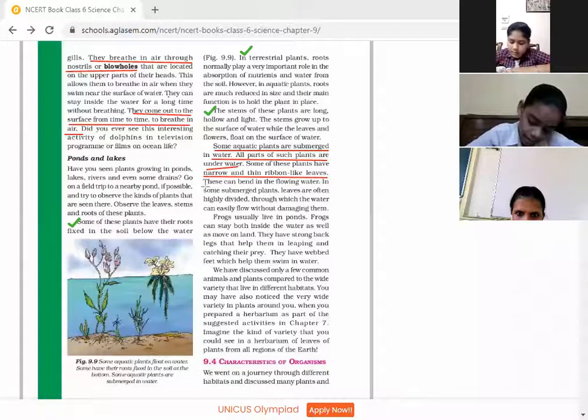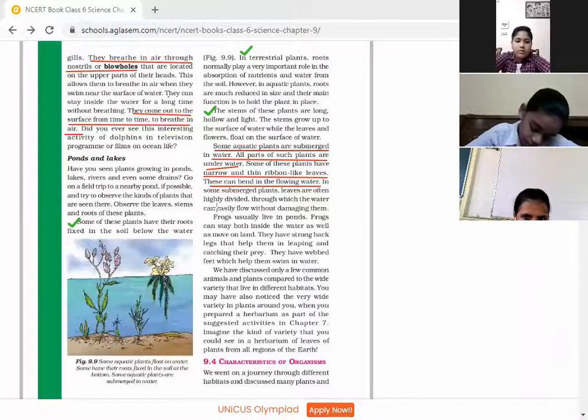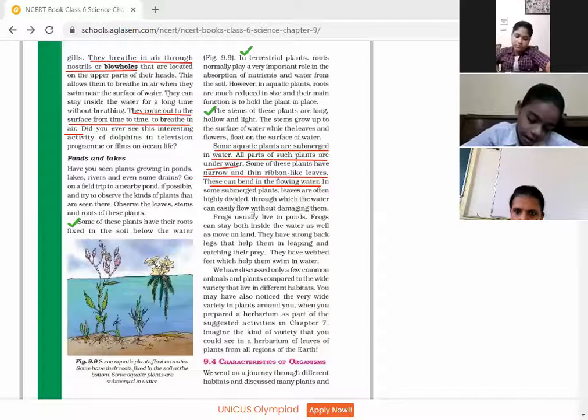These can bend in the flowing water. In some submerged plants, leaves are often highly divided, through which the water can easily flow without damaging them.